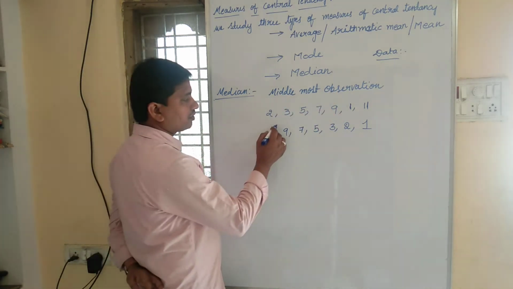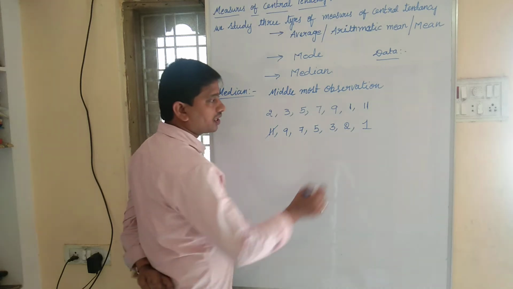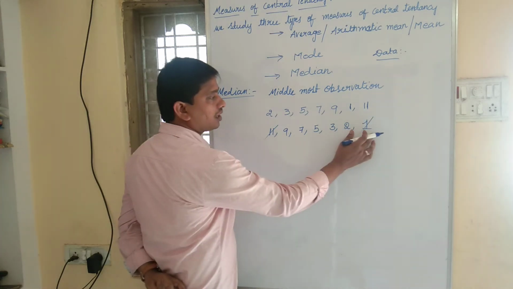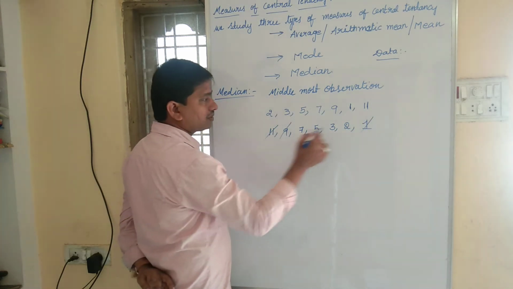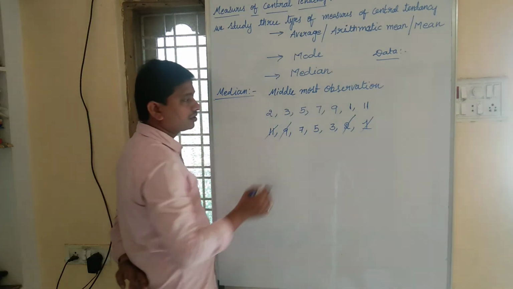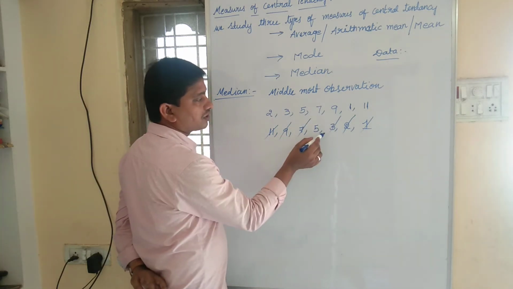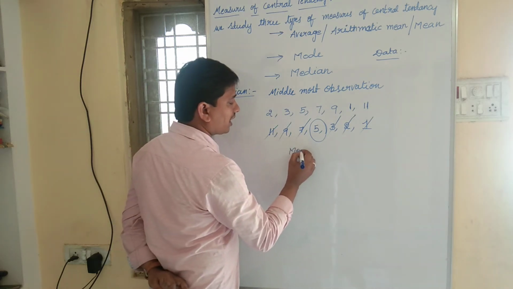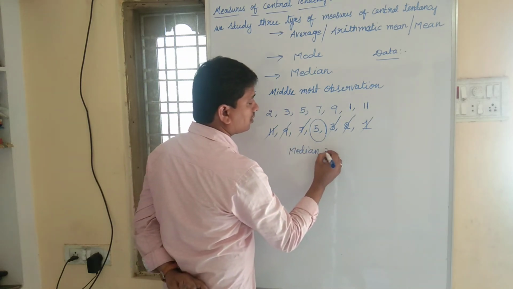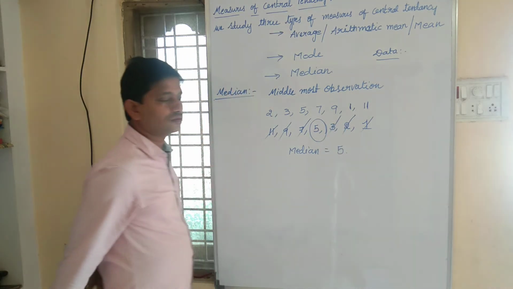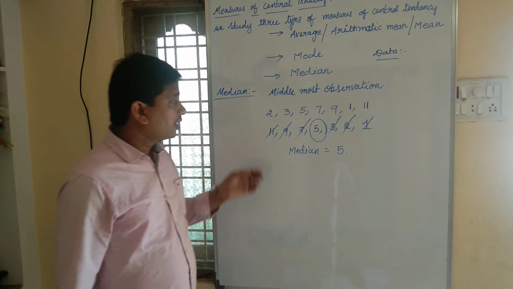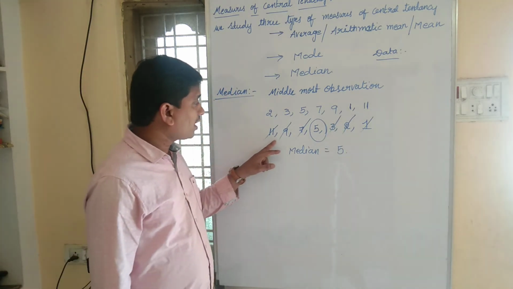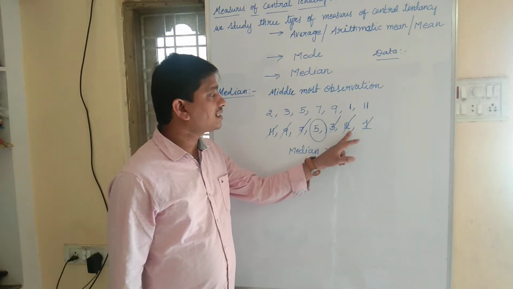For a shortcut, I can cancel the first and last observation, then the second and next second observation, and so on. What are we left with? We are left with 5. Therefore, the median is 5.